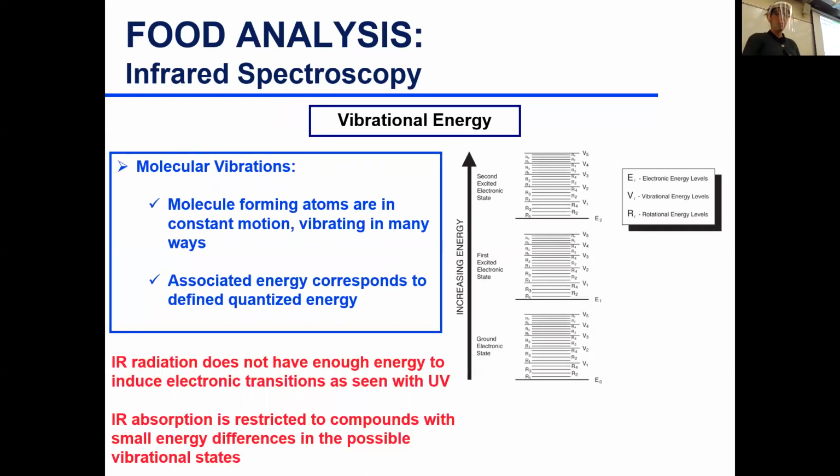Here's just a throwback in history, to remind you that there are three levels of energy: the electronic level, the vibrational level, and the rotational level. The IR energy is equivalent to transitions in vibrational states. So we don't see jumps from electronic energy levels.